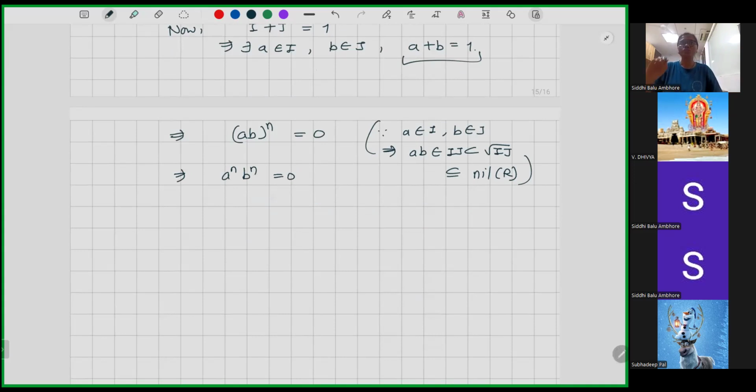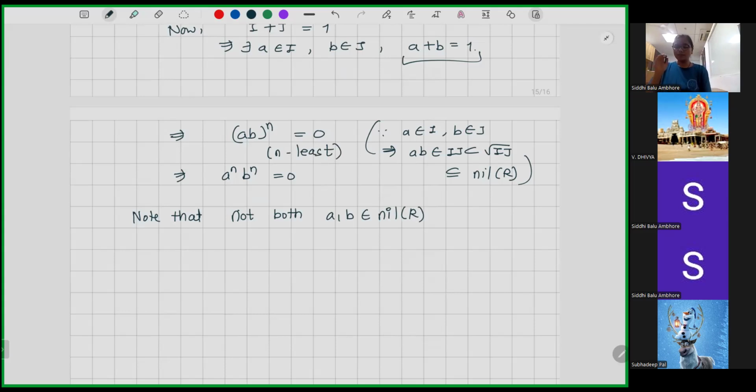Note that not both A and B belong to the nil radical of R. So either A to the power n or B to the power n is non-zero, and I choose this n least such that this happens.